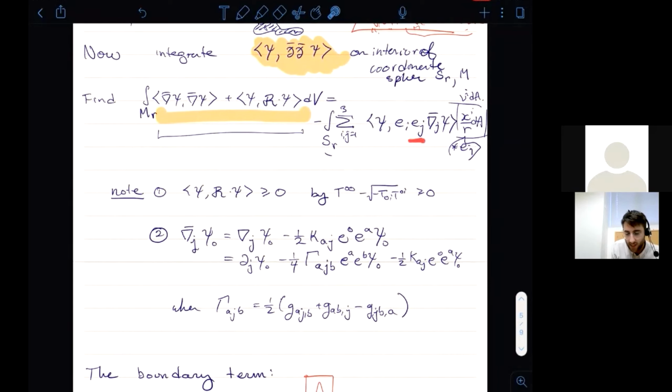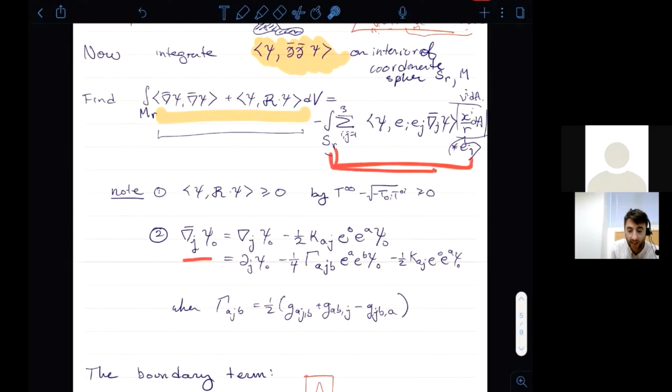Notice this is just a bunch of derivatives of psi. Psi is going to a constant, so the literal derivatives of psi are going to 0. But we're integrating something that's going to 0 over something that's very large, so we have to be a little bit delicate here.